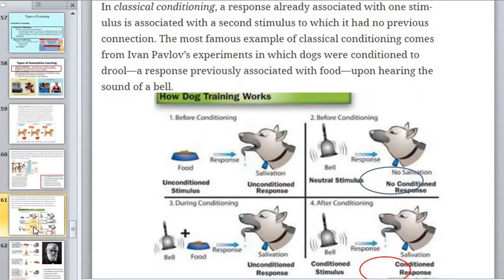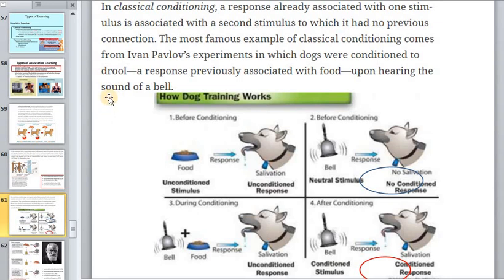And here is classical conditioning. In short, a response already associated with one stimulus becomes associated with a second stimulus, with which it had no previous connection. The most famous example of classical conditioning comes from Ivan Pavlov's experiments, in which dogs were conditioned to the sound of a bell.